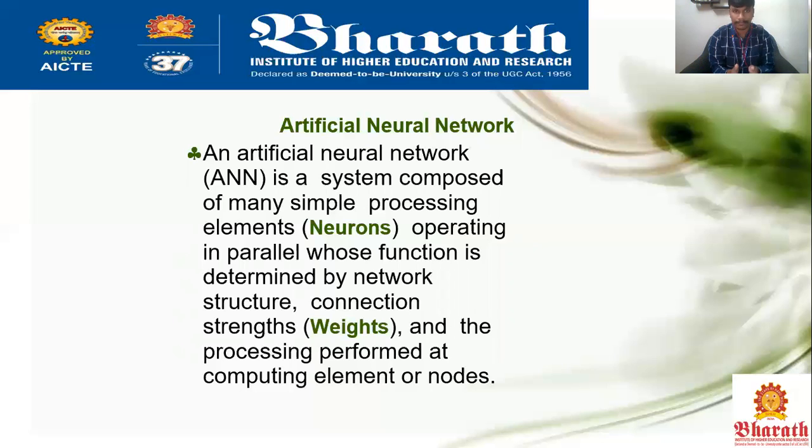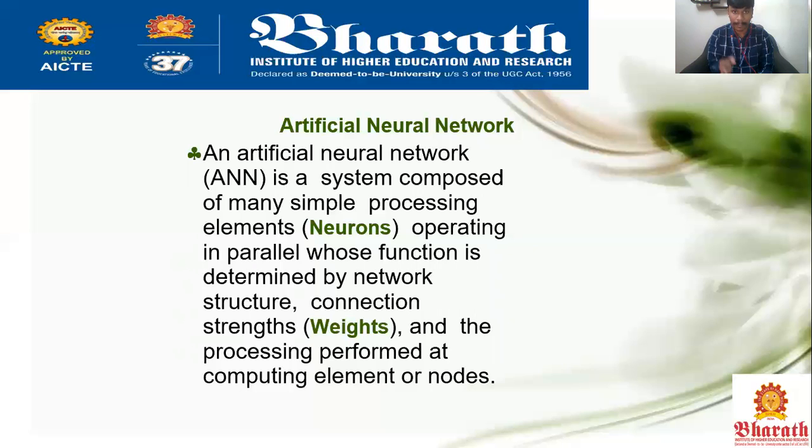Okay. After seeing the biological neural network, the next one is the artificial neural network. An artificial neural network is termed ANN, and it is a system connected with many small and simple processing elements called neurons, controlled and operating in parallel. At the same time, multiple functions are processed, and it is determined to be a new network structure.